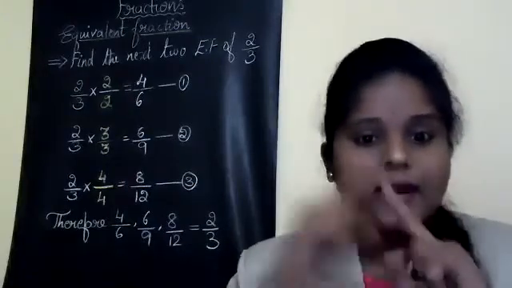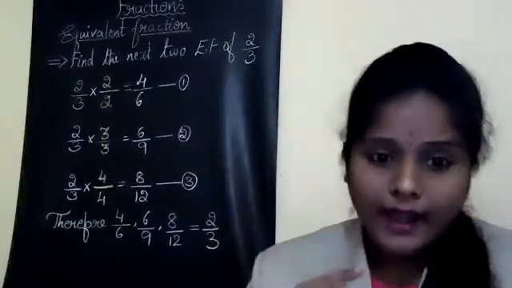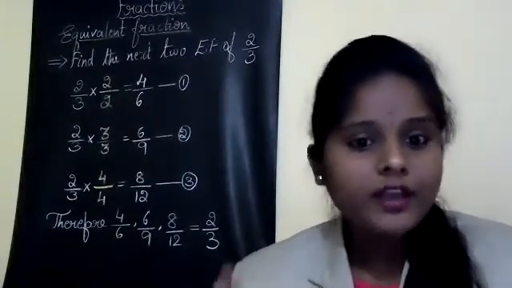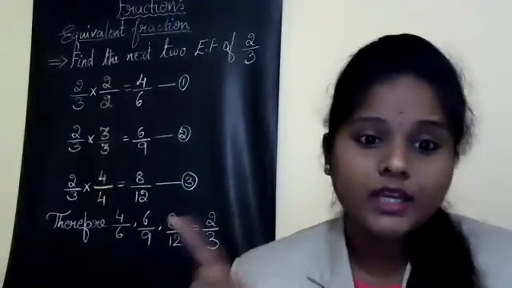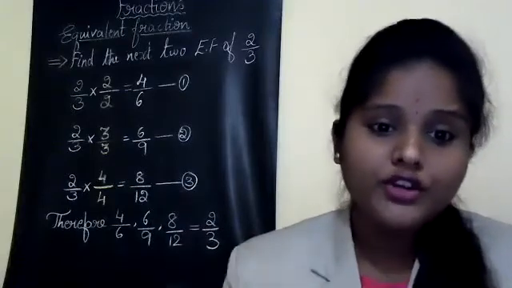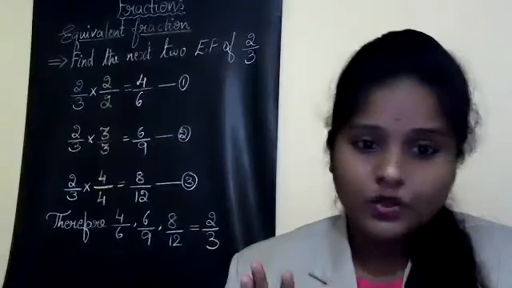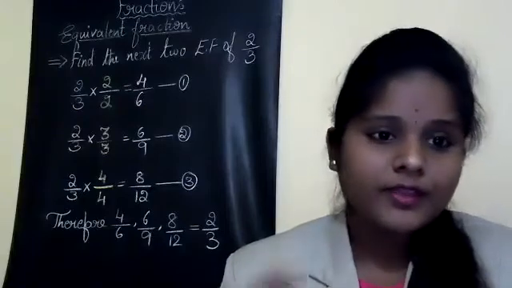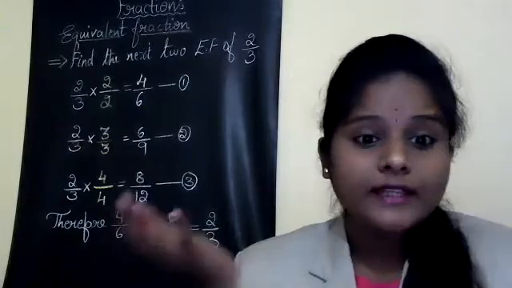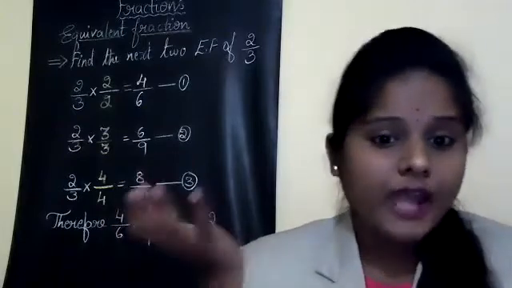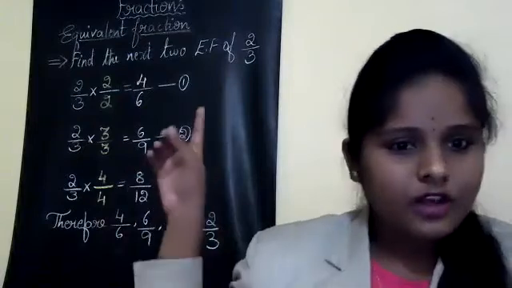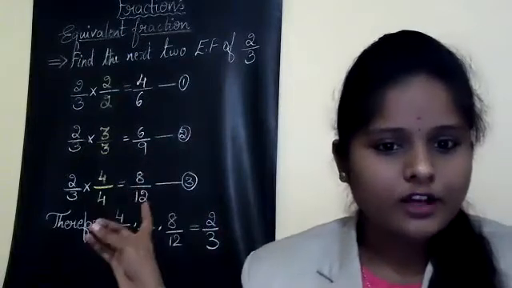We should multiply both numerator and denominator by the same non-zero number. We should not use 0 over there. Whatever answer we get, that will be the equivalent fraction. Did you understand? Yes.